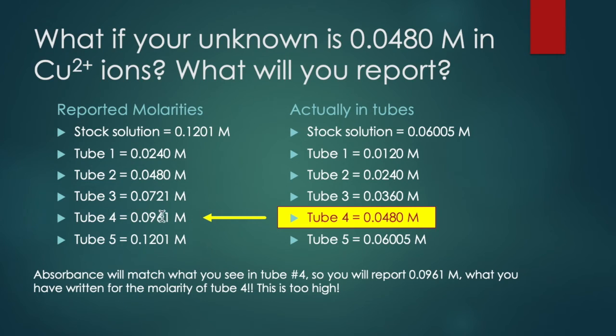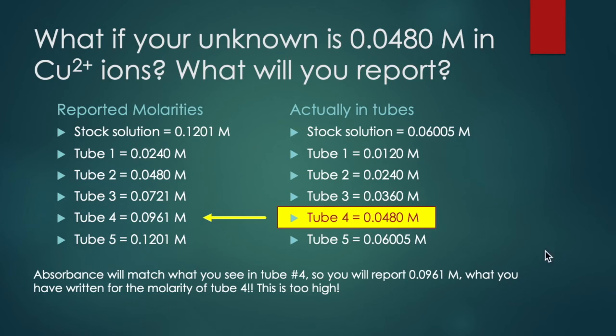So your reported value would be twice as high as it should be. You would be reporting 0.0961 because that's what you believe tube 4 has in it. Unfortunately, your tube 4 actually has 0.0480 molar. So you're ending up reporting a value for your unknown that is too high, twice as high as it should be.